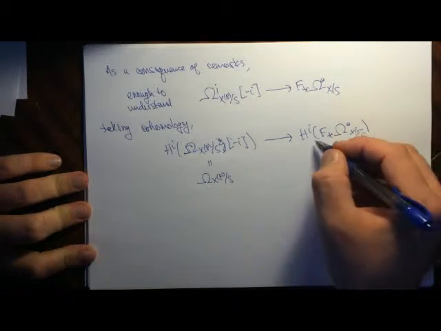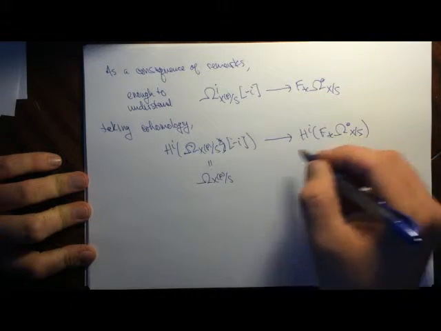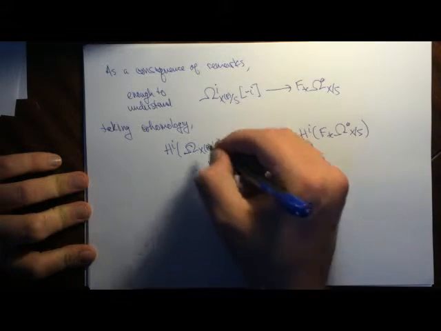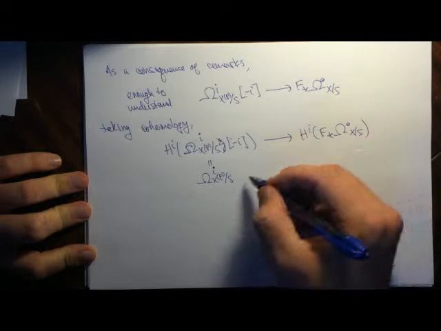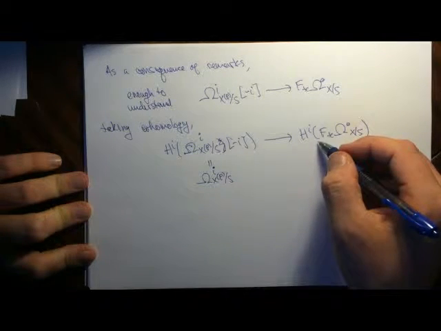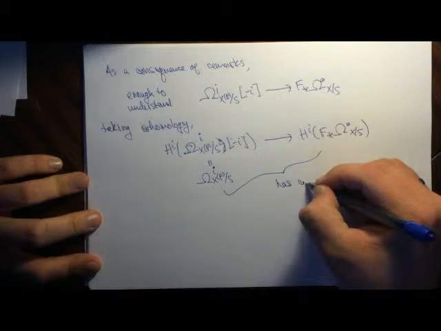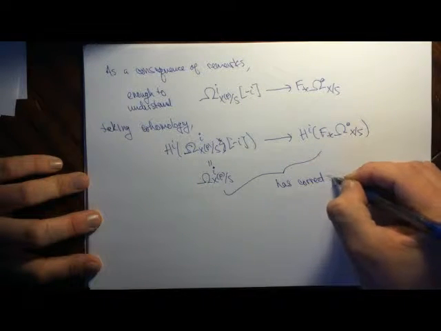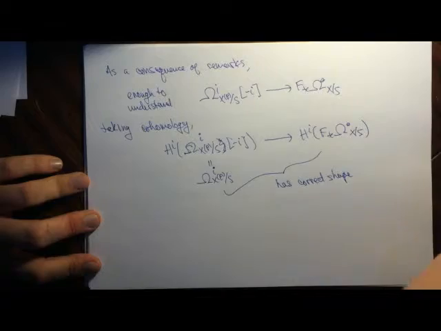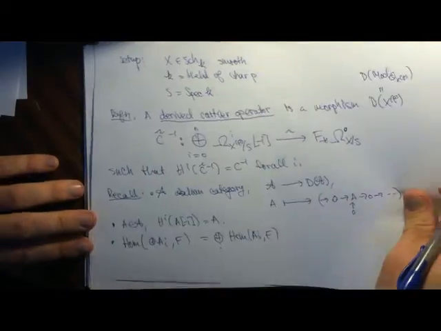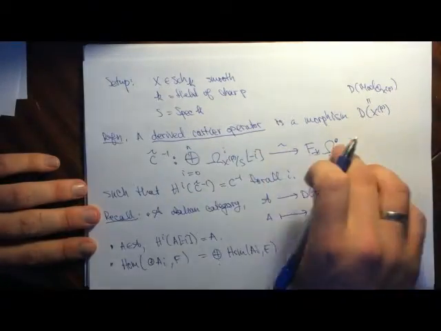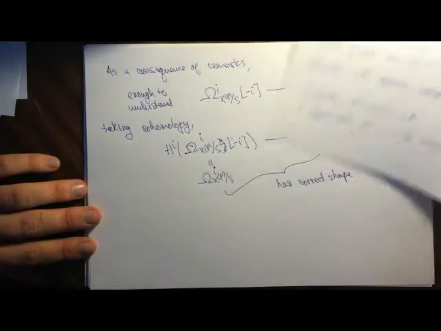Okay, so this is this, and you can see that this actually has the shape of the Cartier operator. So this has the correct shape. So it's conceivable for something like this to actually induce a Cartier operator.